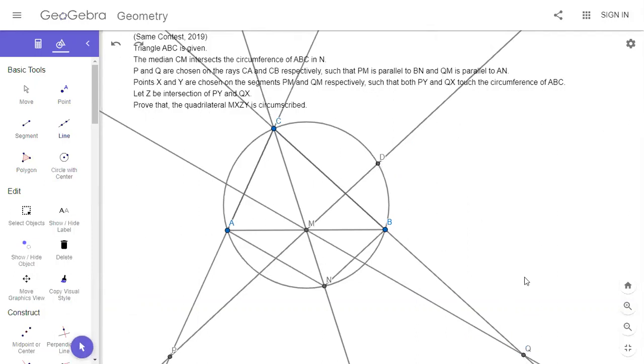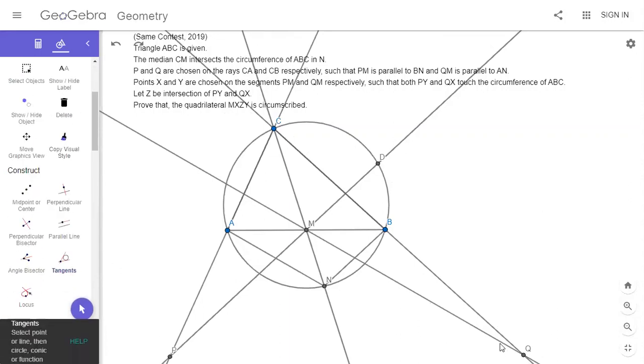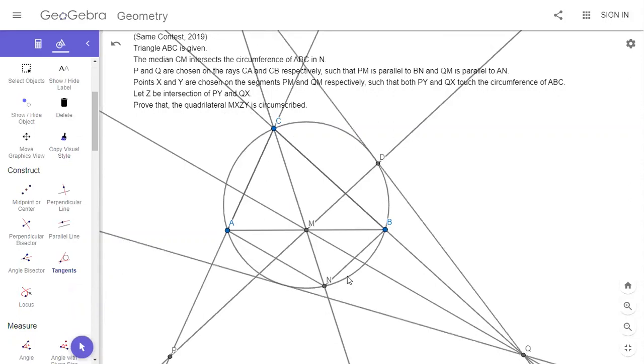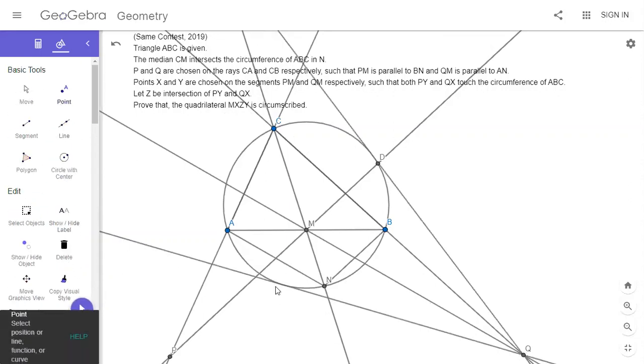Oops. Wait, what? The problem doesn't even make sense to me. X is on PM such that, oh no, it makes sense. So basically this is X right there.